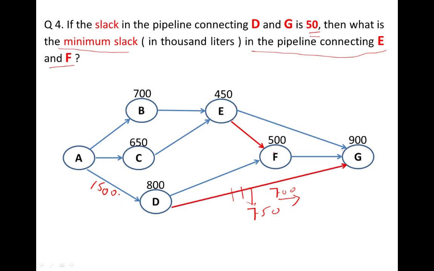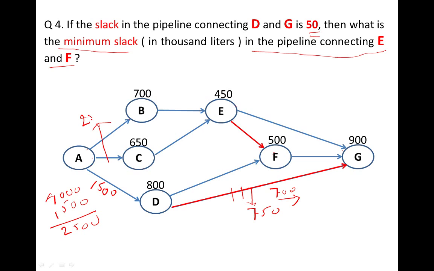So as 1500 is the flow from A to D, so the remaining these two, that is A to C and A to B, the sum should be 4000 minus 1500, which is 2500.